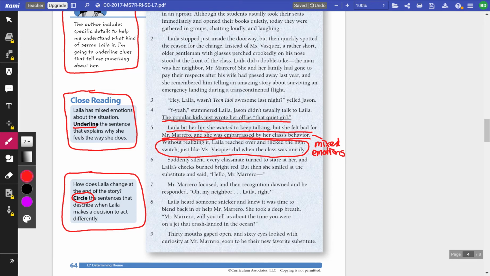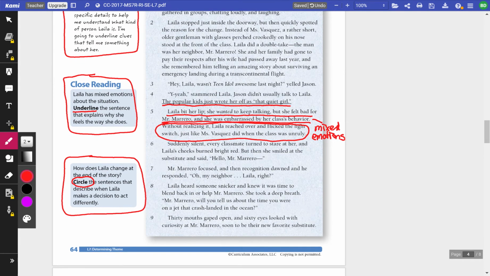And we also know in paragraph 8, it says that she took a deep breath. So she is about to speak out and ask Mr. Marrero to tell the class the story of the time that he crash landed into the ocean. And when she takes the deep breath, that lets us know that she's about to act differently than she usually acts.